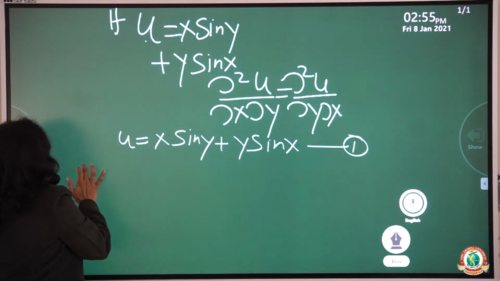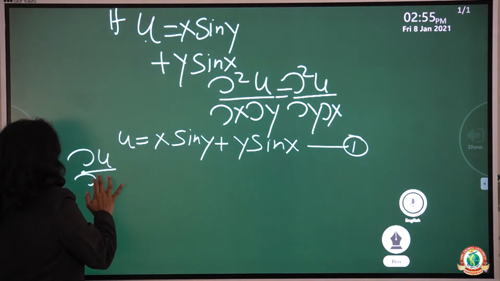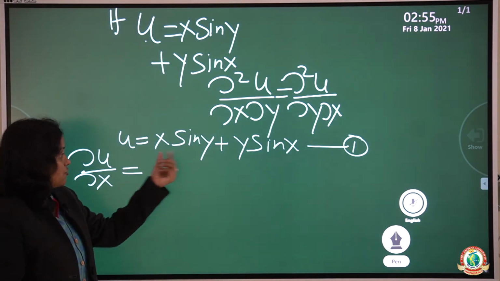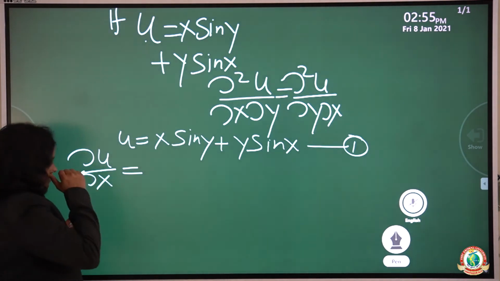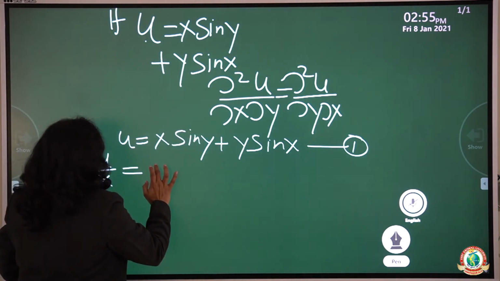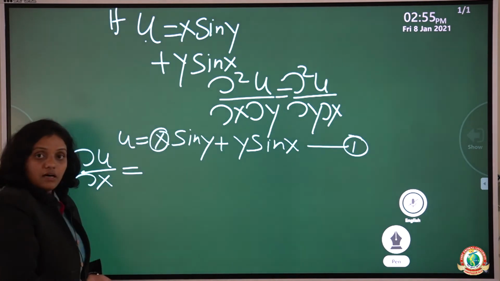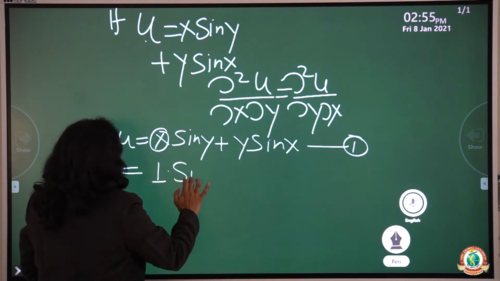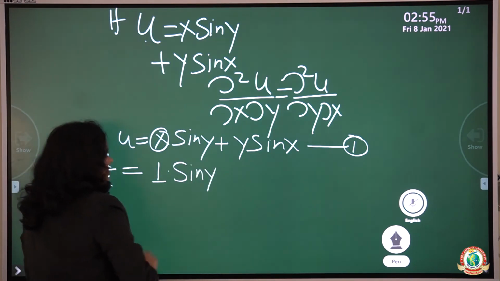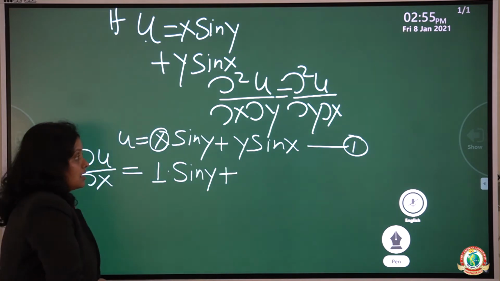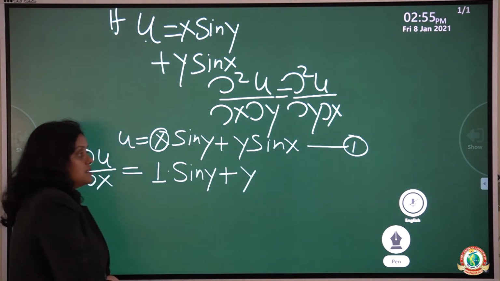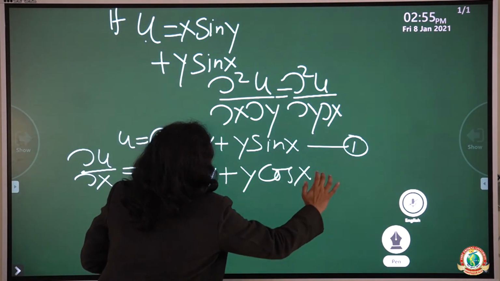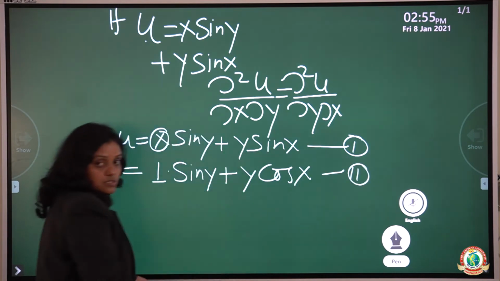Now del u by del x, it means in function u we differentiate with respect to x. So the differentiation of x is 1 and sin y as it is, plus y and the differentiation of sin x is cos x. This is the second equation.